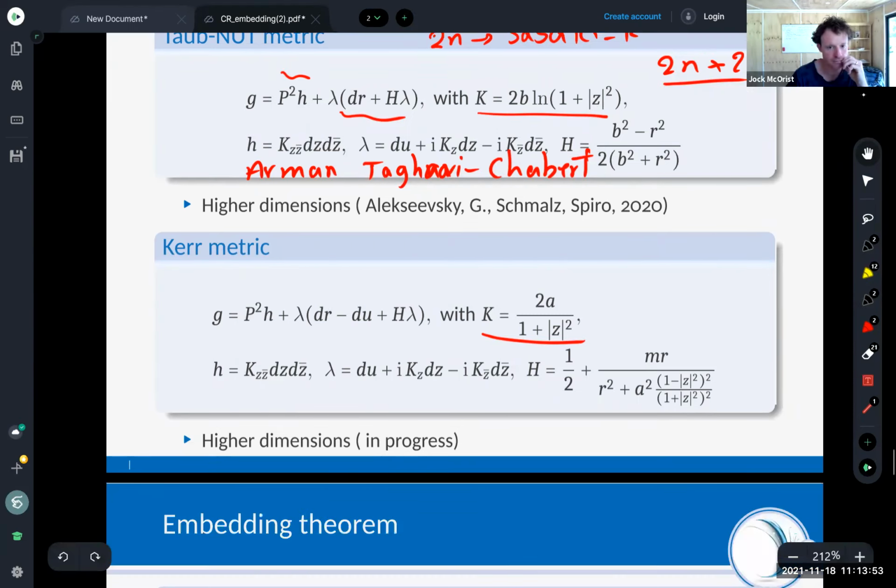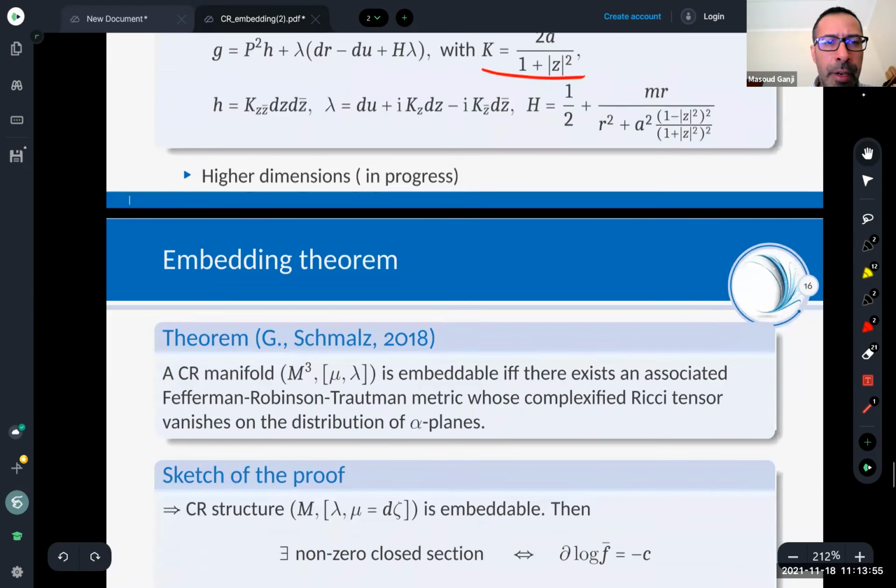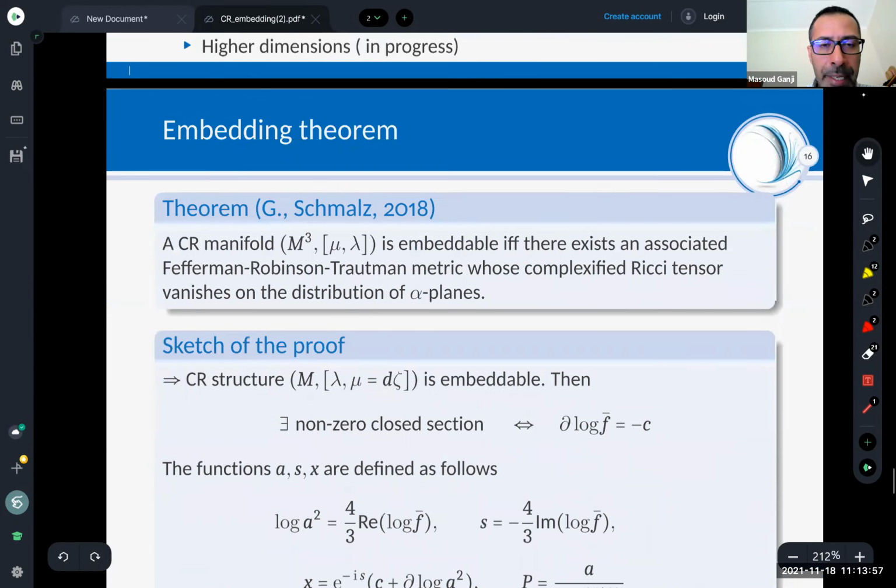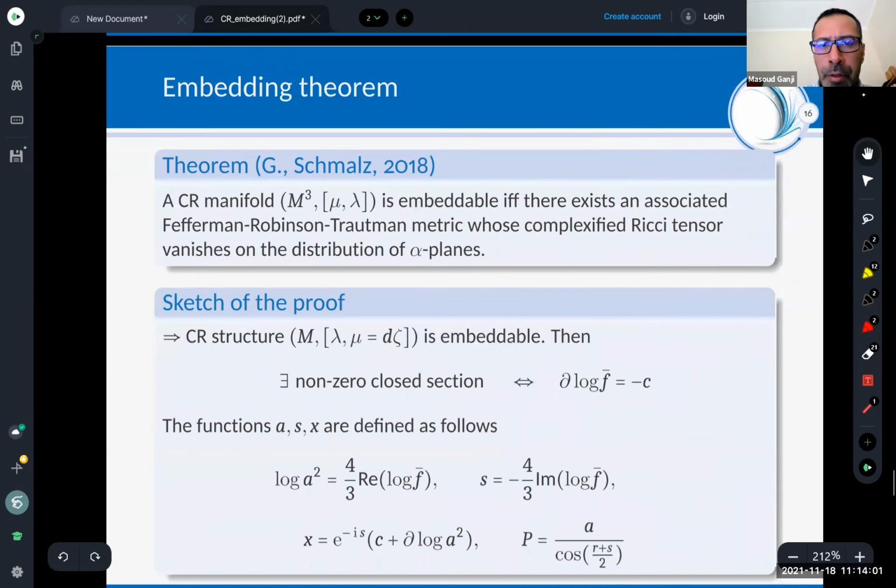All right, now finally I can talk about the embedding theorem. Our main result is the following. If you have a CR manifold M, it is embeddable if there exists a representative of the Fefferman-Robinson metric whose complexified Ricci tensor vanishes on the distribution of alpha planes.